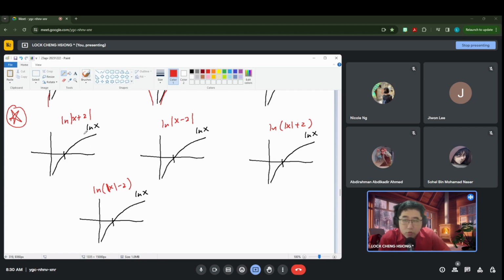Okay, so because of x plus 2, first of all, the technique I'm going to teach you is to draw the graph for modulus of x plus 2 first. So modulus of x plus 2 is like this. Where do you learn this graph?